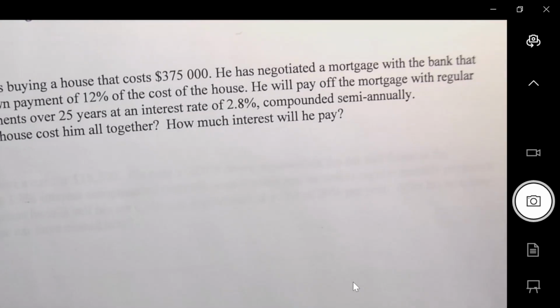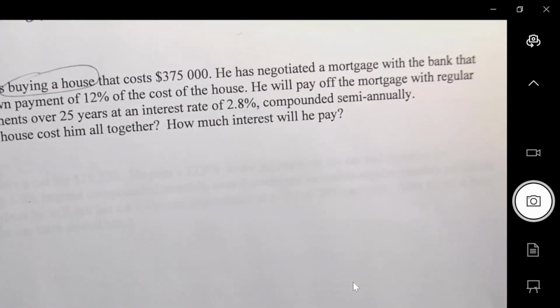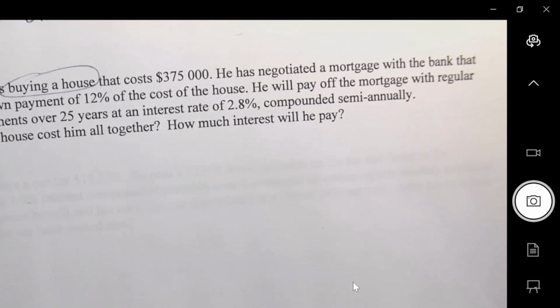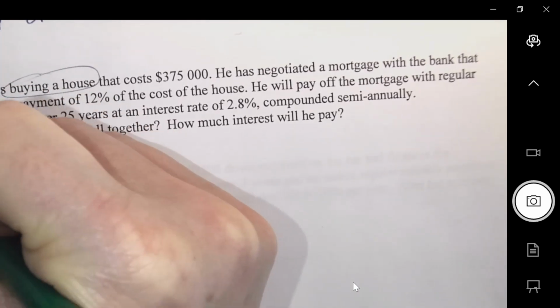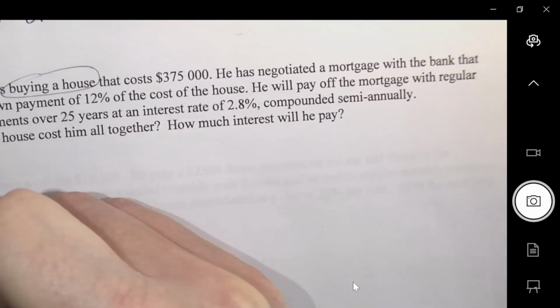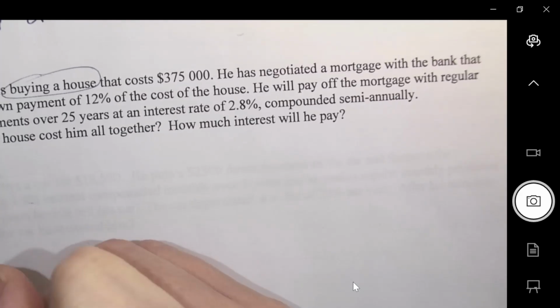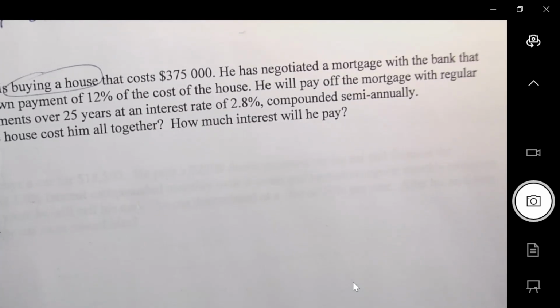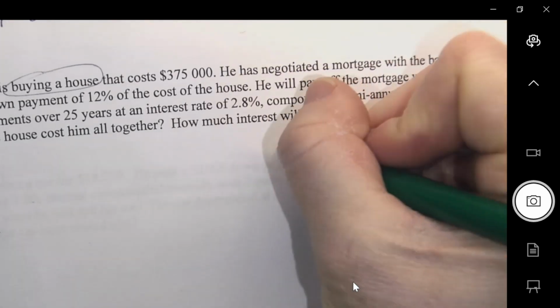Okay, we're buying a house. I already know this is going to be an app question. Obviously, with buying a house, you're making some kind of reoccurring payment, right? So we're going to go app. The house was $375,000, but we put a down payment on there.